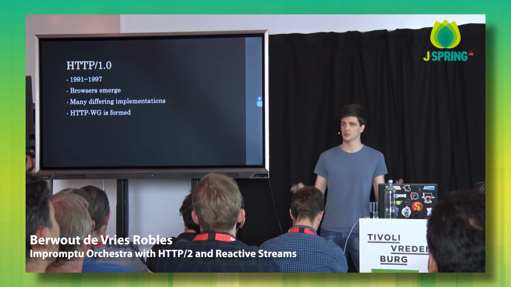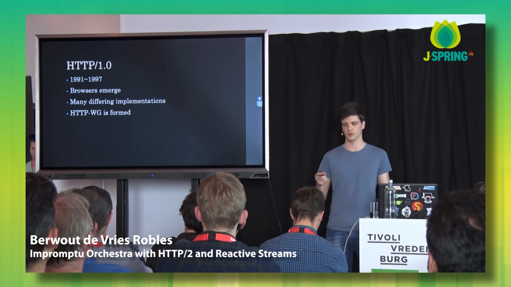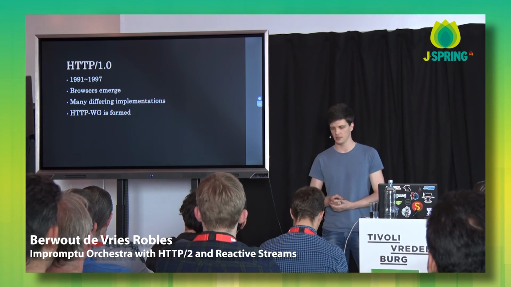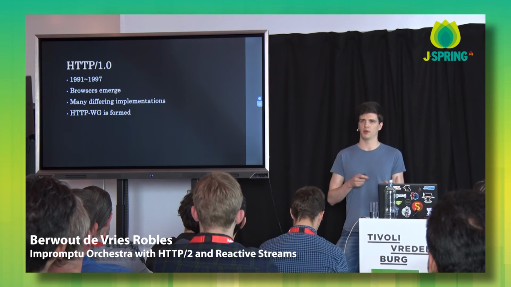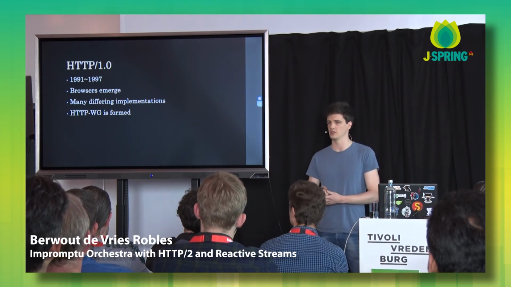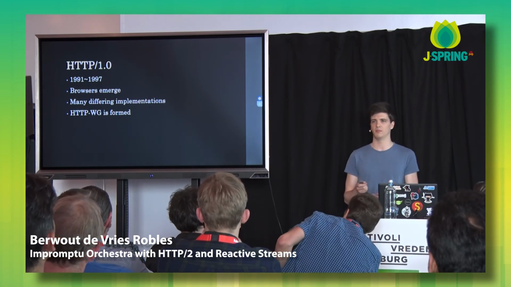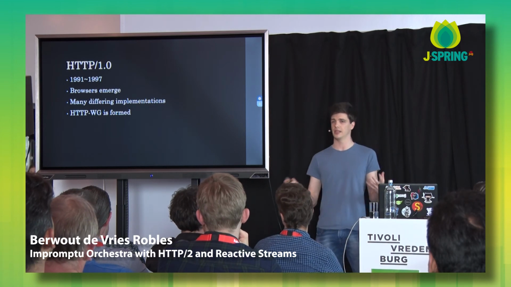Then some other people jumped on the train and formed HTTP 1.0. It was formed between 1991 and 1997. Actually, it became very popular very fast, because browsers emerged, and people started being able to view content online. It had many differing implementations because it was so popular. There was no governing body yet.